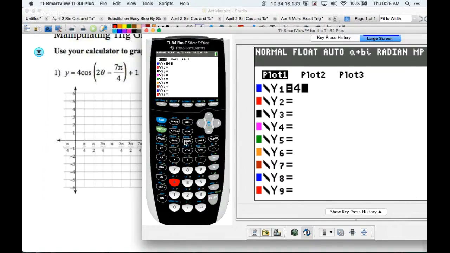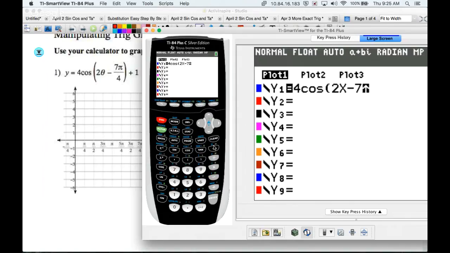When I plug this in, I'm going to do 4 cosine 2. Now I need to type in a theta, but in reality, this is just my independent variable. You can see the theta on this button here. When we press it, it just puts in an X, but we'll know that that actually means theta. And there is a theta there to sort of remind you. This is just our independent variable.